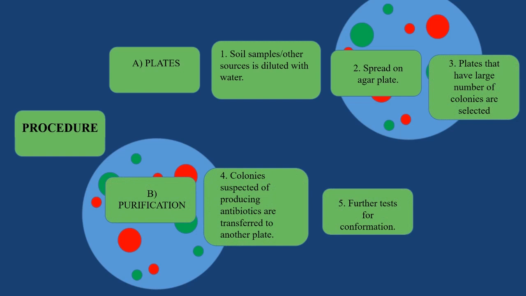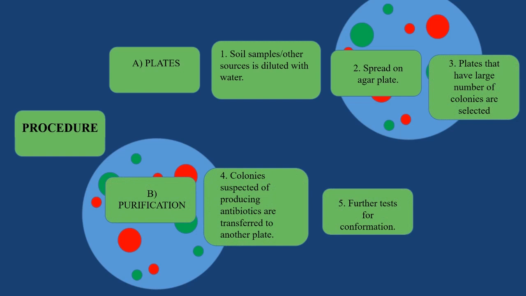Scientists will then select plates that have a large number of colonies and then look for microorganisms that have inhibited the growth of other microorganisms in their vicinity. These microbes are possibly secreting some kind of compound that can kill their neighbors.